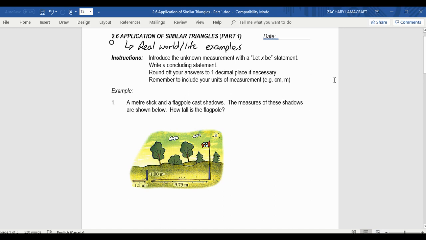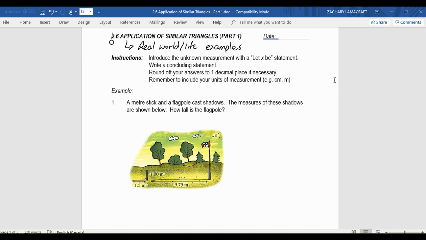Something we do in math and in science is, anytime we put in a variable to be an unknown, we usually say let, and then whatever we use, be, say, the unknown side or the height of something. You'll get a better understanding when we go through this first example, but we need a let x be statement, or a let statement.